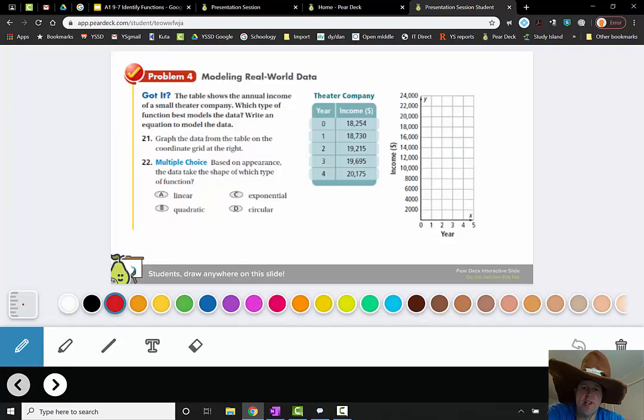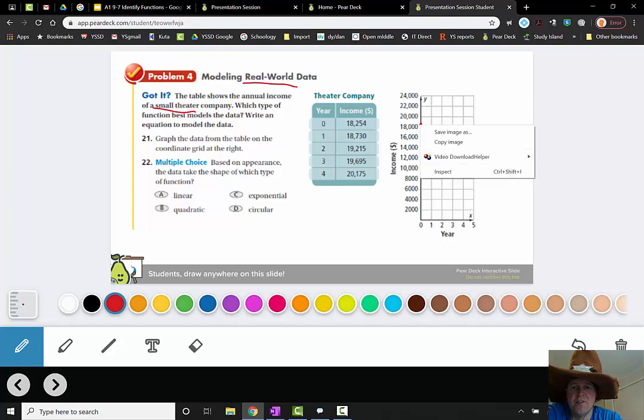Alright, so I have one to check out here. We're going to plot these on here. We have a small theater company. Plot some points, see what happens here. And we get real world data, which means it might not exactly line up. But I just want to see what trend it makes. So 0 with 18,254. And I'm going to get a lot of these pop up as we try and get some of these screens on. 1.